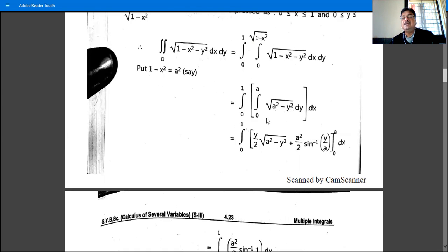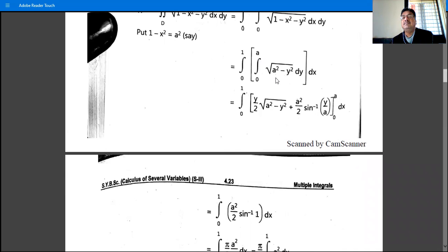Its integration, by the rule of integration, is y by 2 root a square minus y square plus a square by 2 sin inverse y by a, from 0 to a.